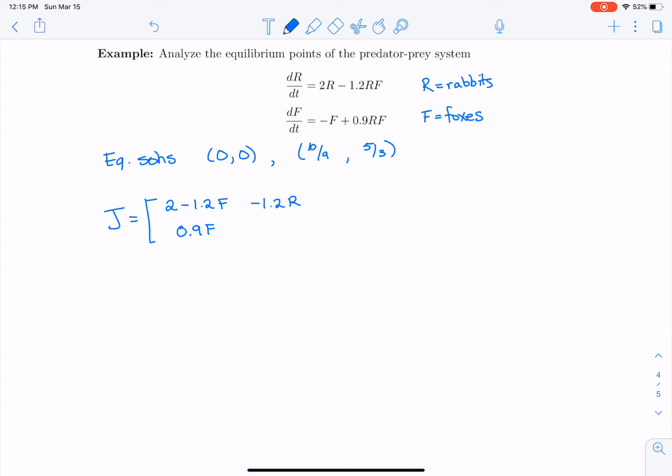And the derivative of the second equation with respect to f gives us negative 1 plus 0.9r. And that's the Jacobian of the system.